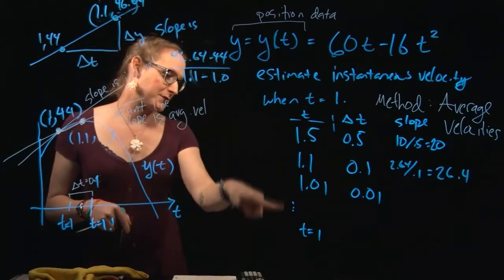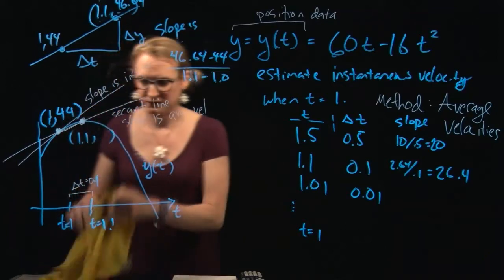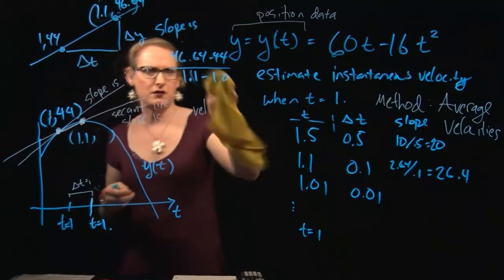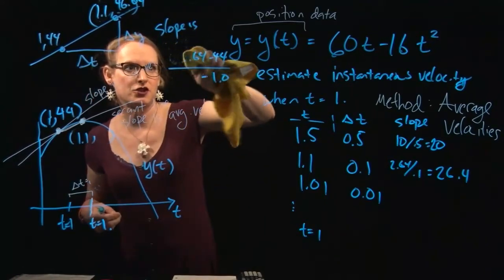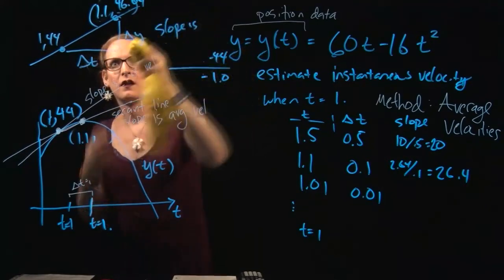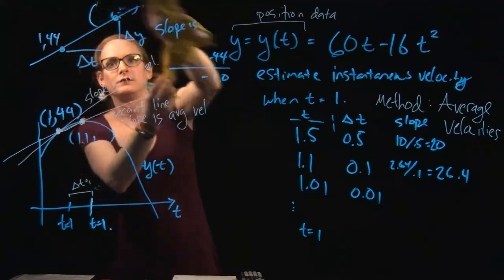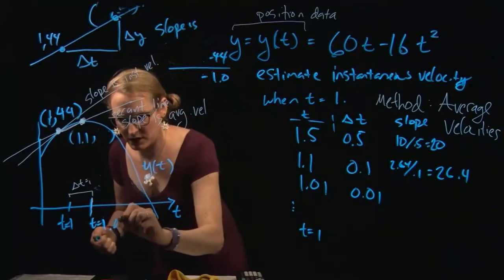Let's see what happens as we get even closer to t equals 1. 1.01. So we'll erase those. That one's going to change. That one's going to change. That one's going to change. Okay. So 1.01.